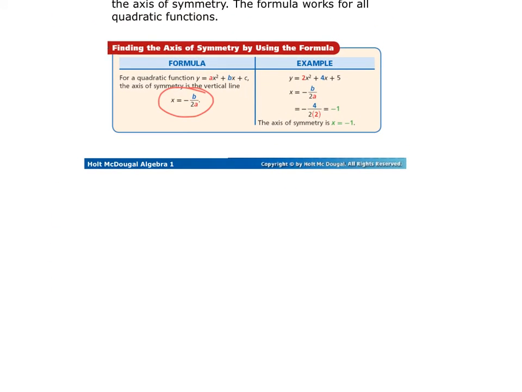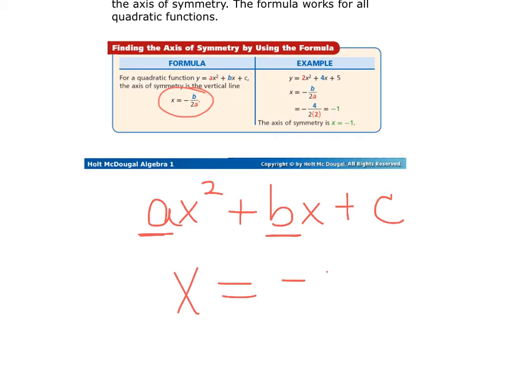Remember your equation is in standard form, ax squared plus bx plus c. So we're going to take the number in front of x squared and in front of the x, and use that in this formula. Negative b over 2 times a. Basically make b the opposite sign and then multiply 2 times a.